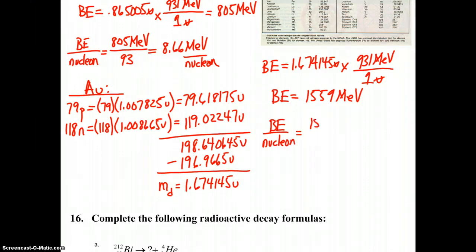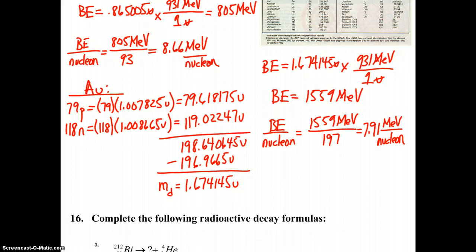Now we want the binding energy per nucleon. Simply take our binding energy, 1,559, divide by the total number of nucleons, which in this case is 197, and that gives us a binding energy per nucleon of 7.91 MeV per nucleon.